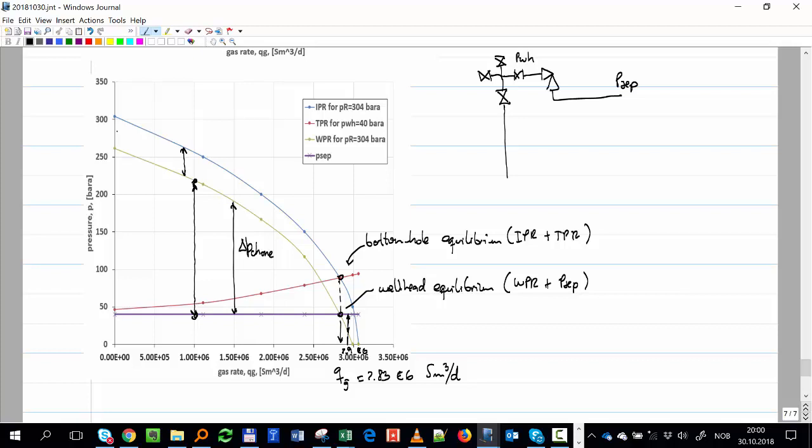They are different. You put a compressor on the wellhead, so instead of having the separator, you put a compressor in between, and the compressor has to give you a delta P of 20 bar. It works like a pump.